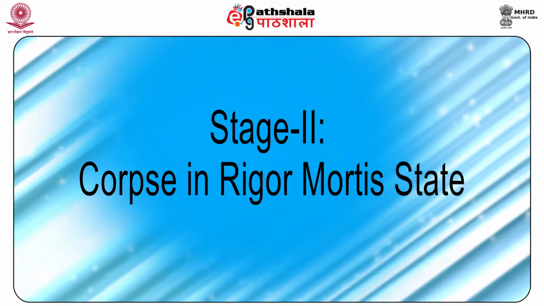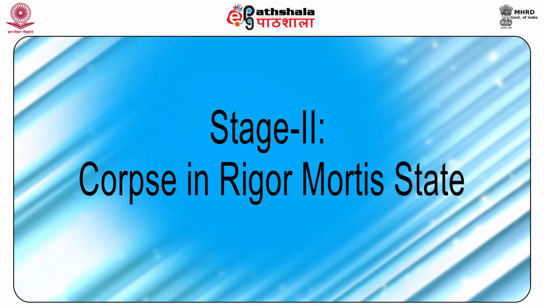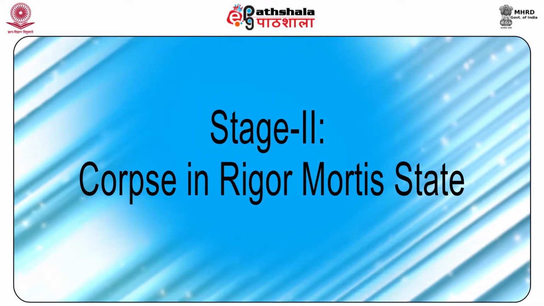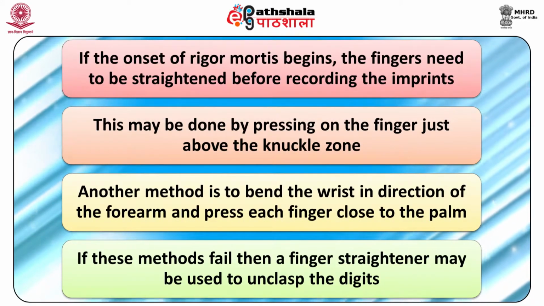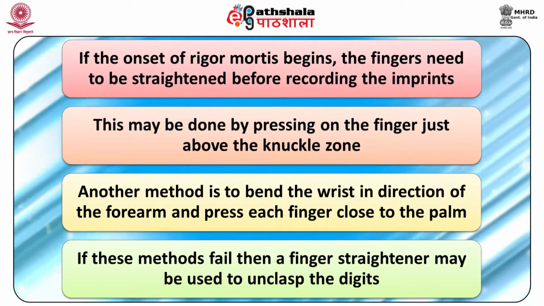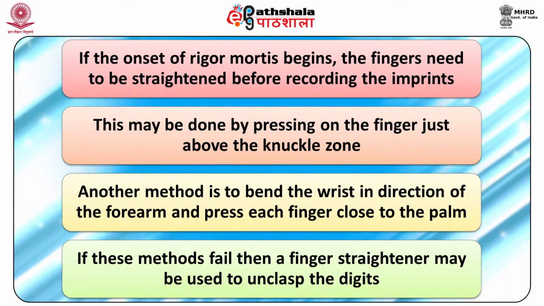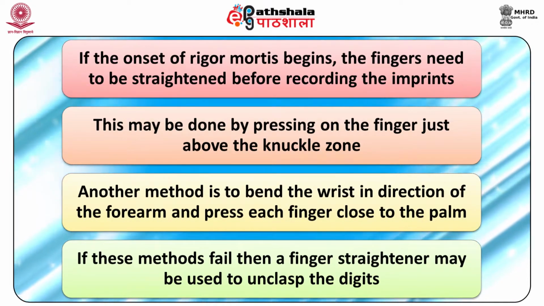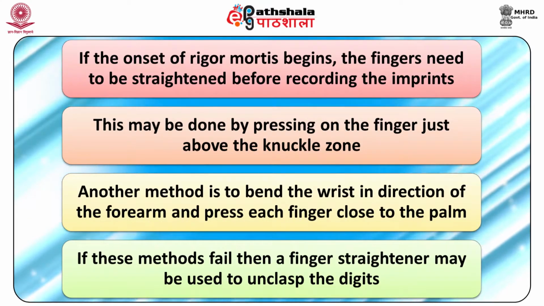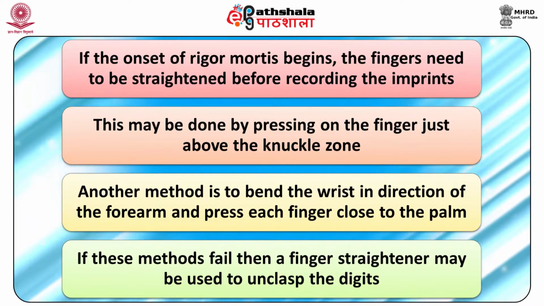Next, we move on to stage 2, that is, corpse and rigor mortis state. If the onset of rigor mortis begins, the fingers need to be straightened before recording the imprints. This may be done by pressing on the finger just above the knuckle zone.